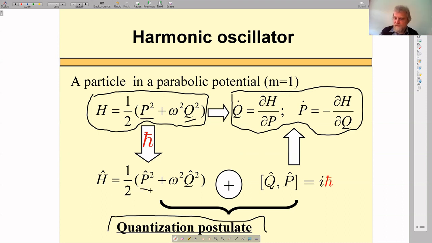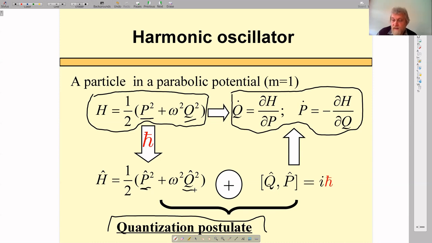So the first thing I have to do in the course of quantization is to give hats to both operators, the operator of momentum and the operator of coordinate. That's an important step, but it's pretty void.